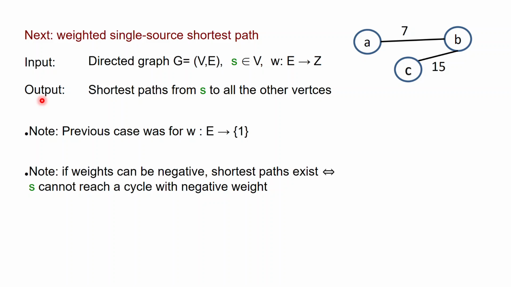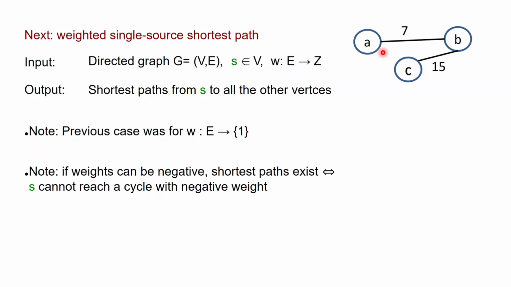In this lecture, we begin to see the weighted version of the single source shortest path problem. Our input here is a graph which is possibly directed. We have a source node S, and we have a weight function W which assigns integer weights to the edges.